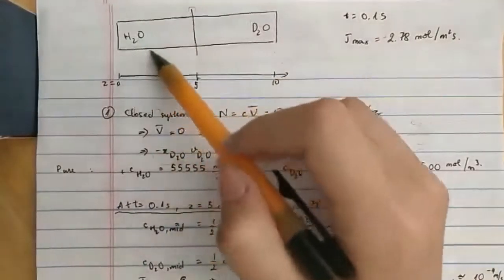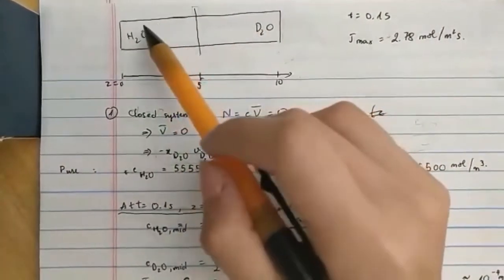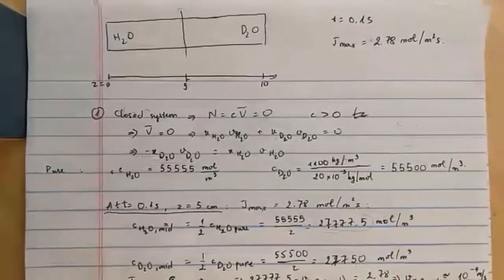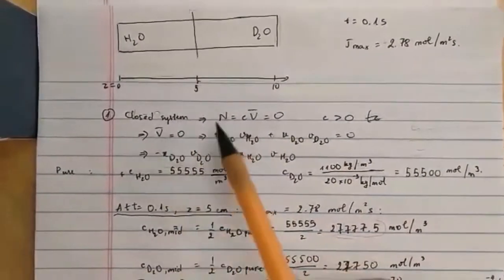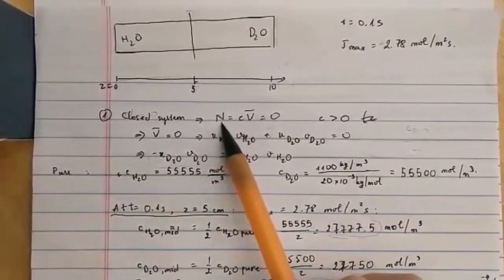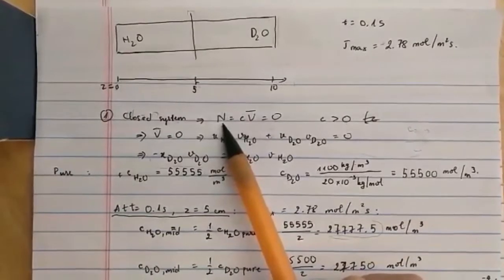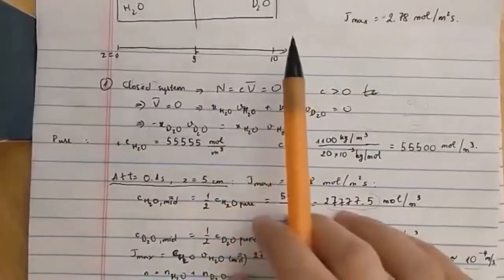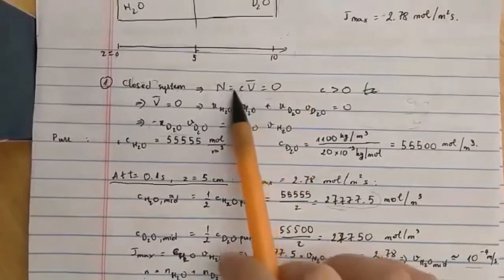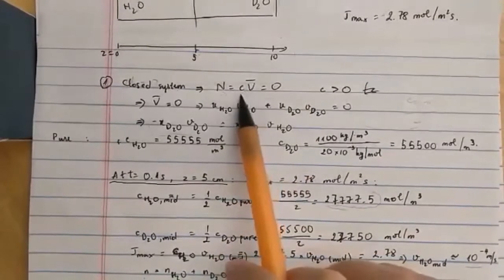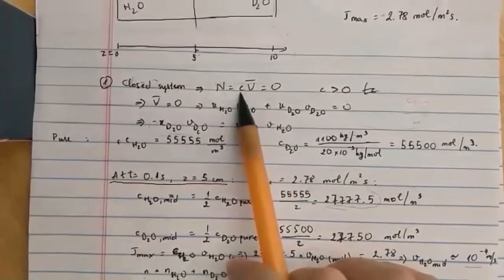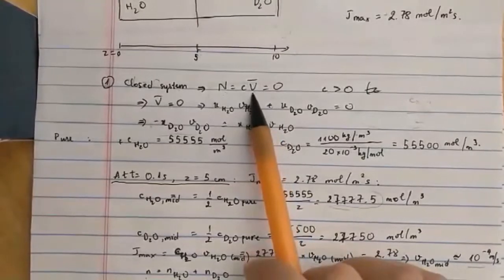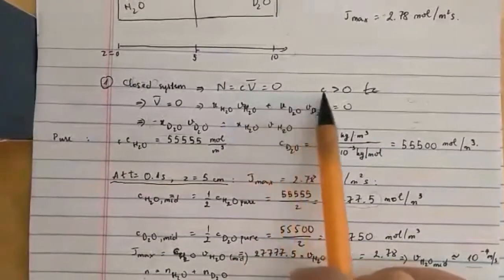I have this capillary, and the end is closed, so I consider this a closed system. So the overall molar flux is 0, and the overall molar flux equals the concentration times the molar average velocity, which equals 0.